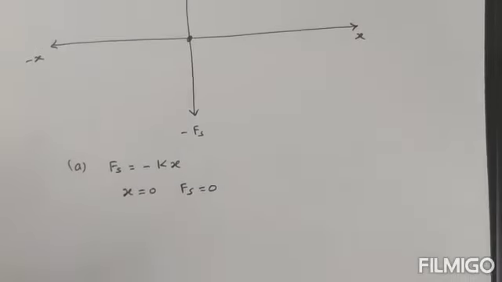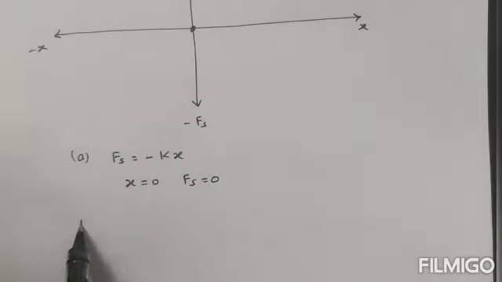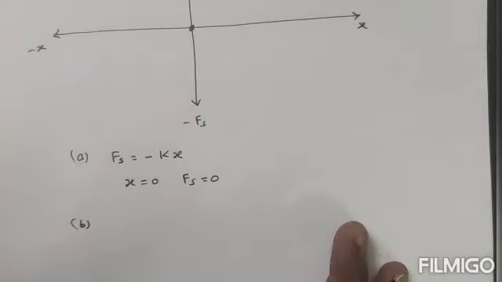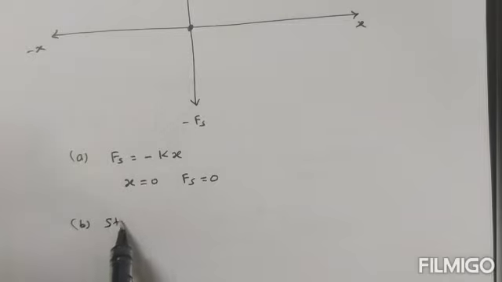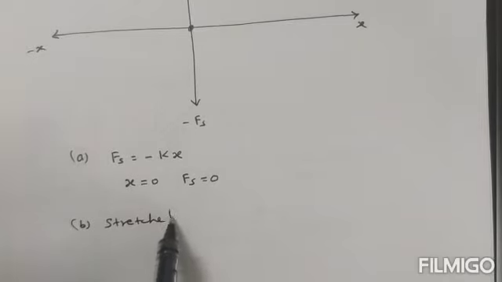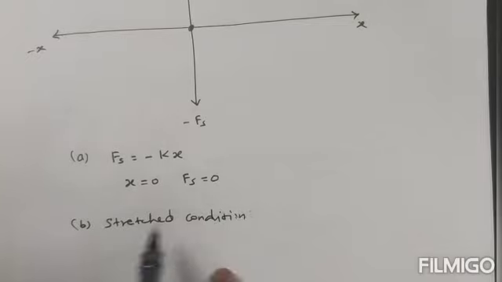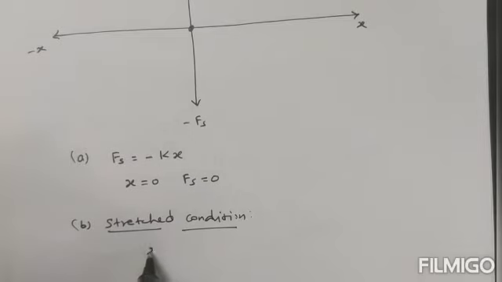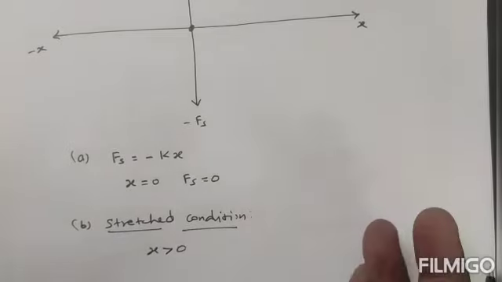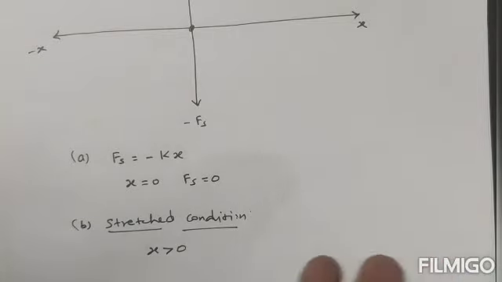Then after that let's imagine the B diagram. In the B diagram, what we did is the stretched condition. In the stretched condition, we know that the x value is extended, so x is greater than 0. It is not in the initial position, it will travel in the positive x-axis.